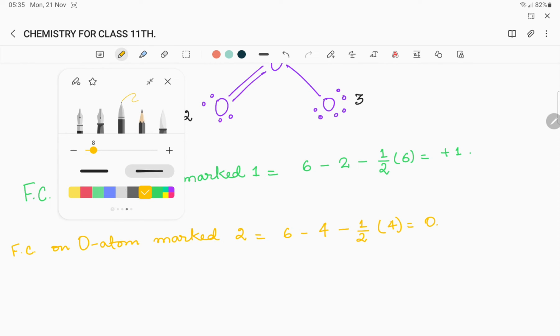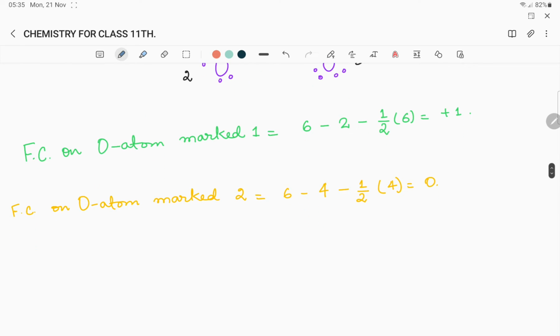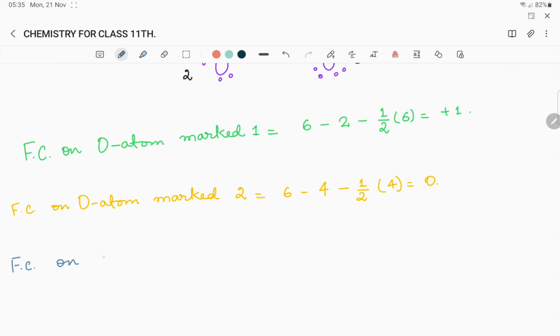Let us take the last, oxygen number 3, and calculate Fc on oxygen atom marked 3. The third oxygen atom again contains 6 free valence electrons.